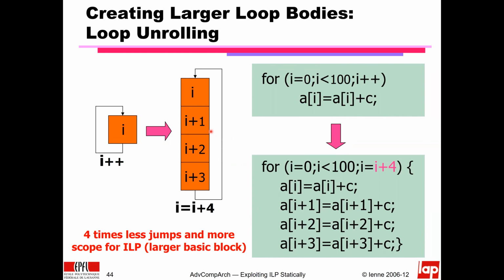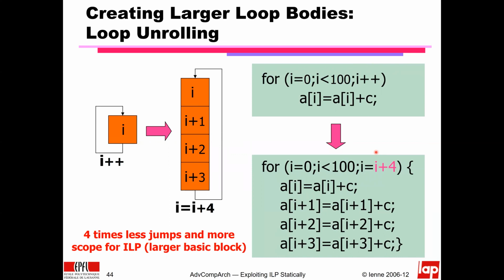And I guess you are familiar at least with the idea, right? That the idea is that literally you repeat the body of your loop many times. You make adaptations that you need to the indices, and then what you have here is a bigger body. And of course, if you have unrolled by a factor 4, you have to execute the loop 4 times less.